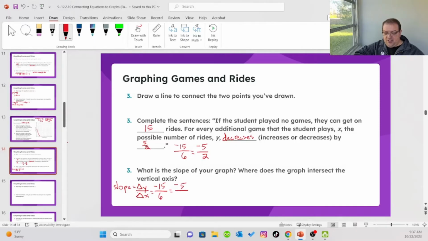We divided 6 by 3, and we got 2. So our slope is negative 5 halves. Where does the graph intersect the vertical axis? We said that our y-intercept was at 15.